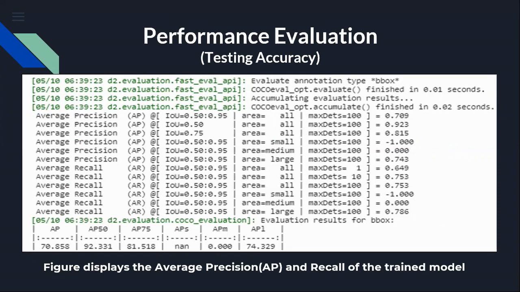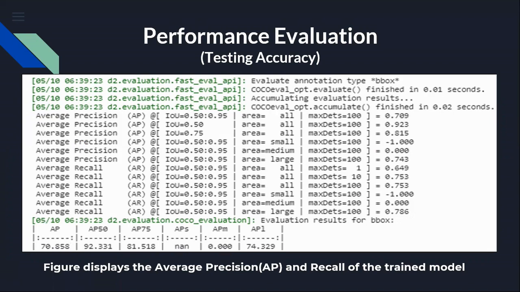So until now, we have seen the training accuracy. Now we will see the testing accuracy. First question is what parameter or criteria is used to measure a computer vision or instance segmentation model's accuracy. So typically models are evaluated according to the COCO evaluation criteria.